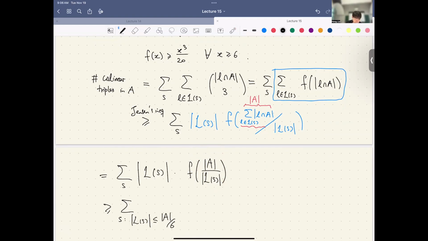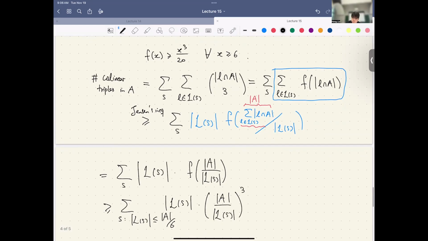You consider a subset L of S. Now I can replace this f(x) by x cubed over 20. So it's (A over L_S) cubed over 20.